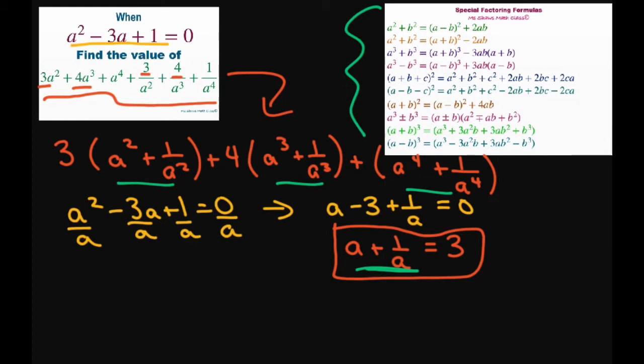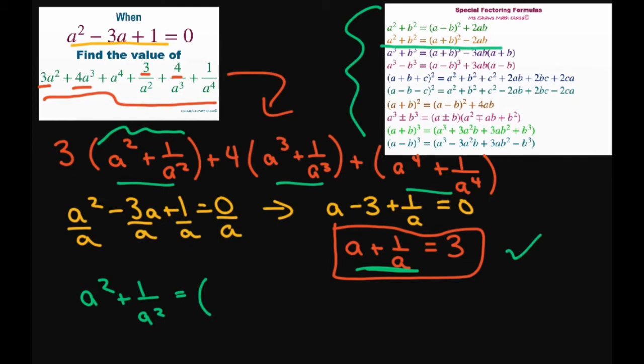So basically, this is what we have. We know this information here. What we need is a squared plus 1 divided by a squared. We can use this formula right here.